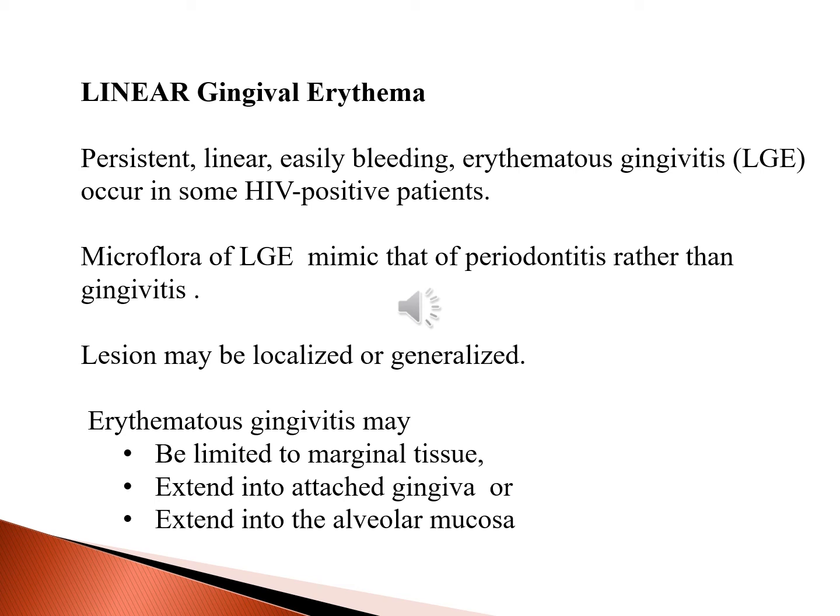And the microflora of this linear gingival erythema resembles that of an adult periodontitis patient. The lesion can be localized or generalized, and this erythematous gingivitis can be limited to the marginal gingiva, or it can extend to the attached gingiva, or sometimes into the alveolar mucosa.